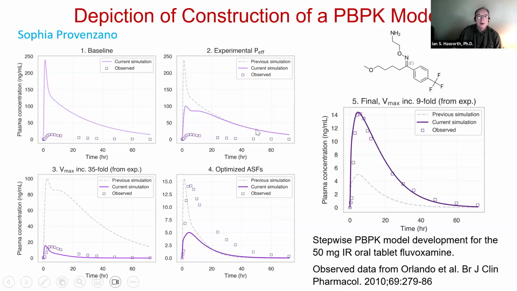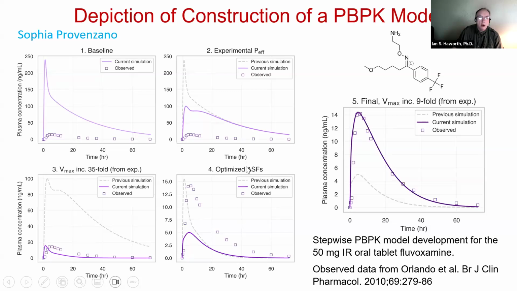The new curve is the solid line after the adjustment of this permeability, and the experimental data, observed data, is still the same. And so you can start to see how this changes. And then we change Vmax. I think this is fluvoxamine, so we're changing the CYP2D6 kinetics, and we're getting closer.